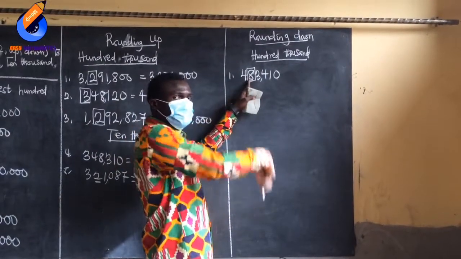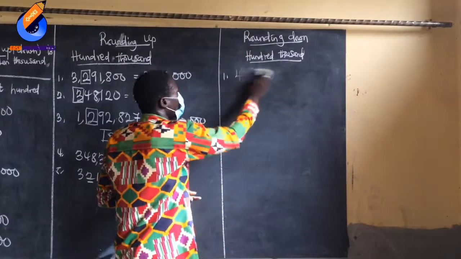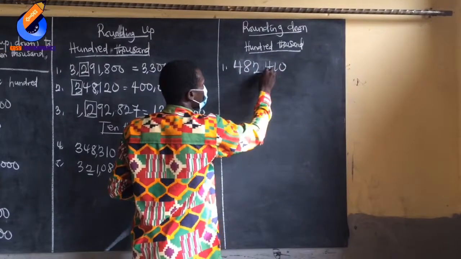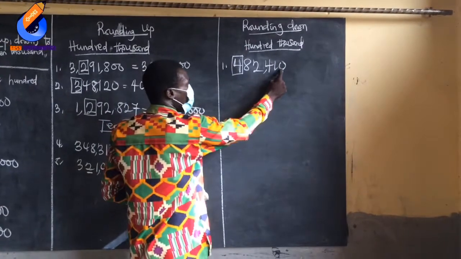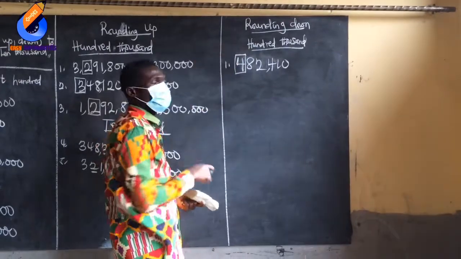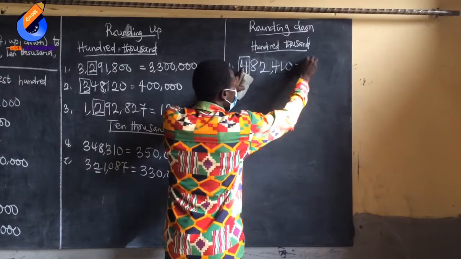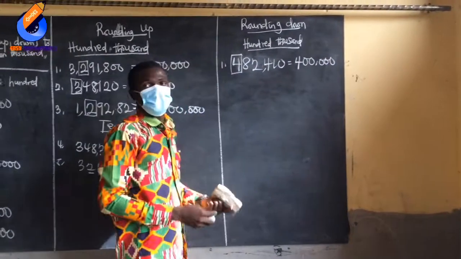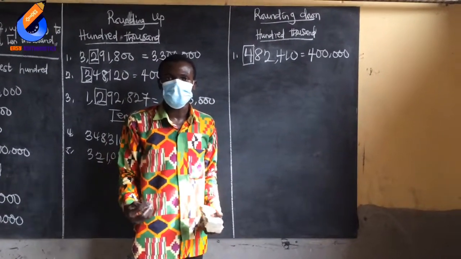Because I am rounding down to the nearest 100,000, I will maintain my 4 and change the remaining digits to 0.